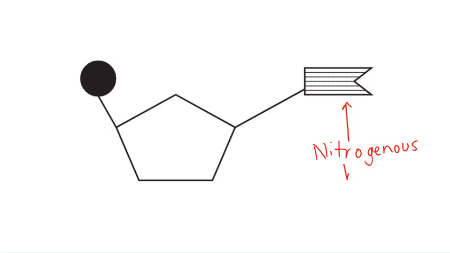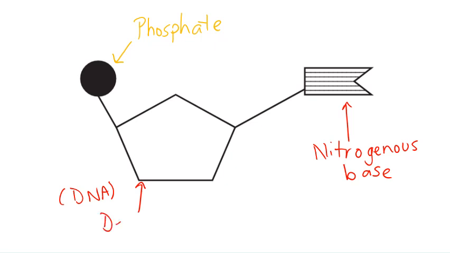You don't need to say that it's A or G. You don't have that information. You just say that this part here is the nitrogenous base. Over here, this small part is our phosphate. And if we're talking about DNA, this section here is our deoxyribose.